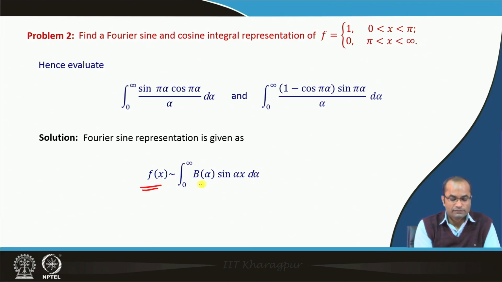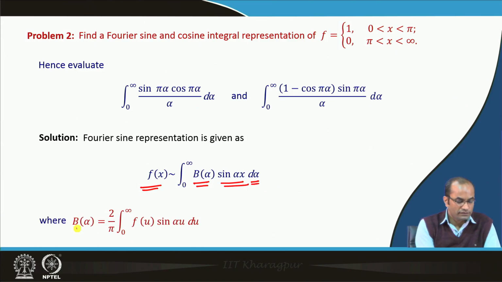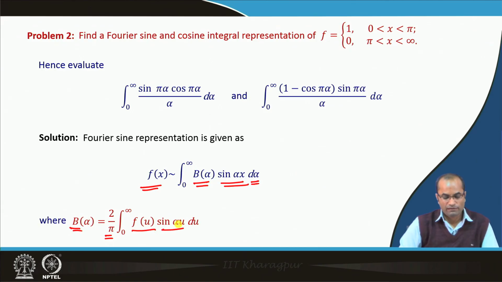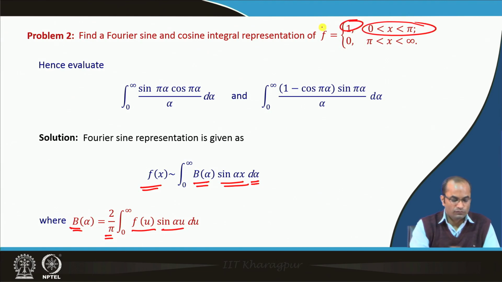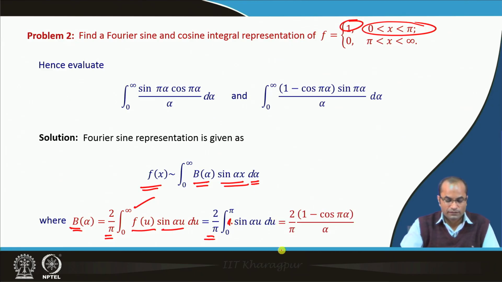So, f(x) is the integral of b(alpha) sin alpha x d alpha, where b(alpha) is given by 2 over pi, integral of f(u) sin alpha u du. The f is defined from 0 to pi as 1. So, we compute 2 over pi, integral from 0 to pi, because it is only defined from 0 to pi, the rest is 0, and then we have 1 into sin alpha u, which can now be integrated.